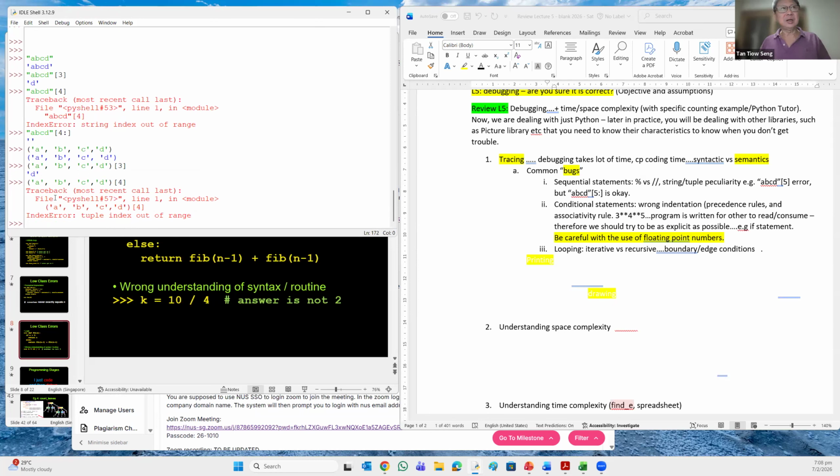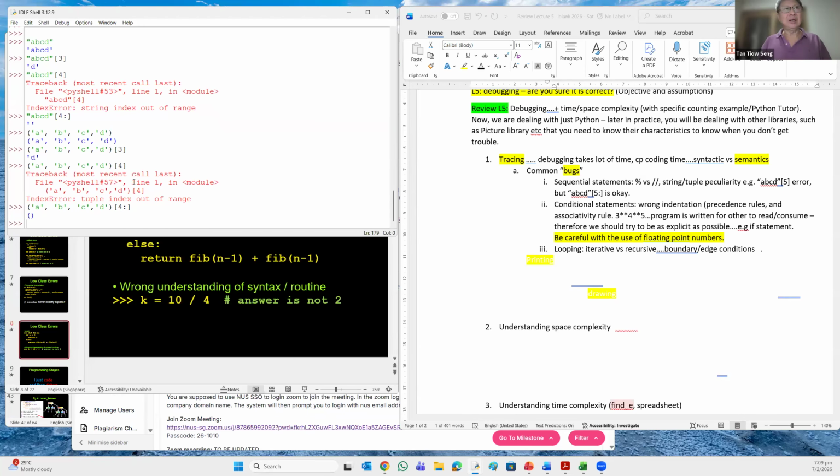There was a question whether you need to know why this error occurs when answering assessment questions. No, you don't have to. You just need to know that there's an error, if you're asked to trace this. On the other hand, if you start from the fourth onward, you get an empty tuple, without any error.